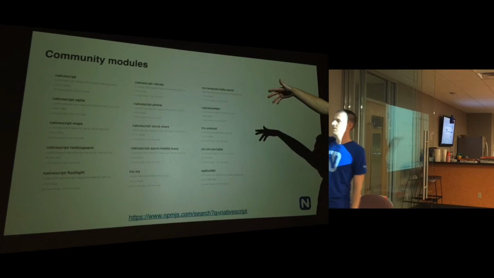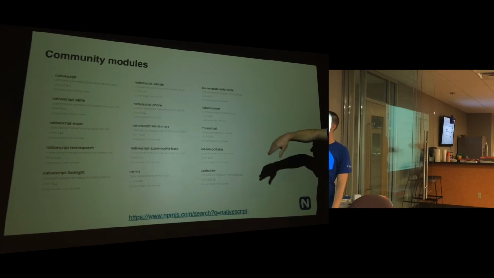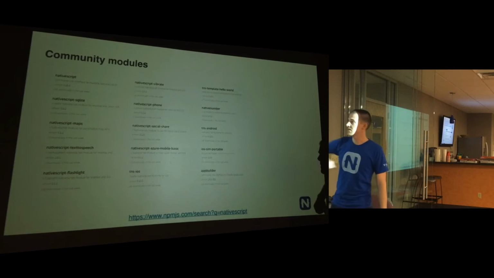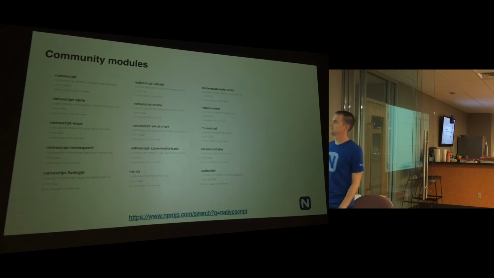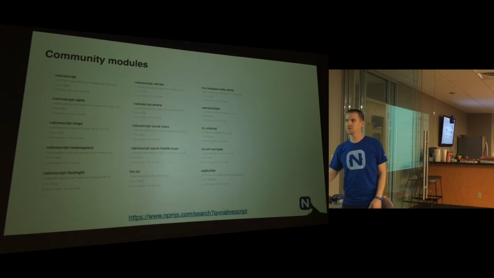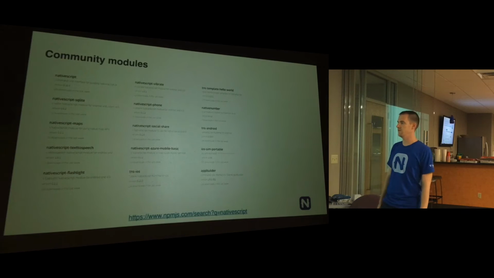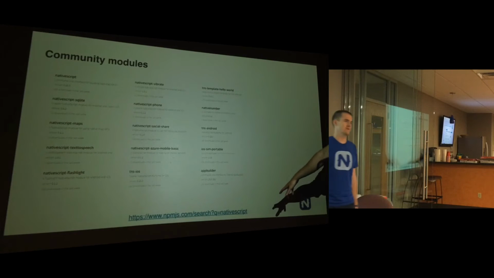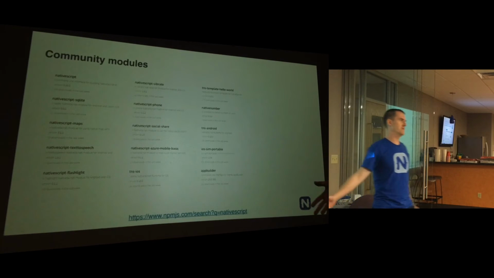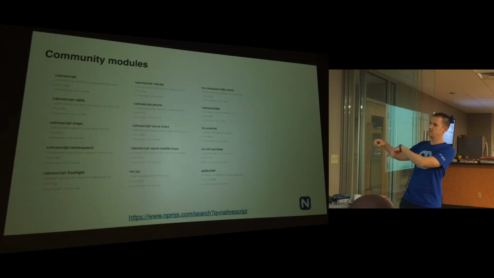There's a NativeScript phone, social sharing, Azure Mobile Basic, native number. You can create native numbers. There's a Hello World template. So there's a lot of modules: maps, text-to-speech, flashlight. There's a lot of stuff already out there, and these are all just NPM modules. So if you're familiar with npm install, yada, yada, yada, you're good to go.